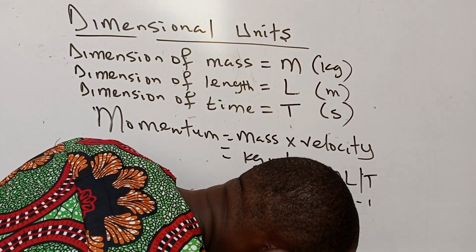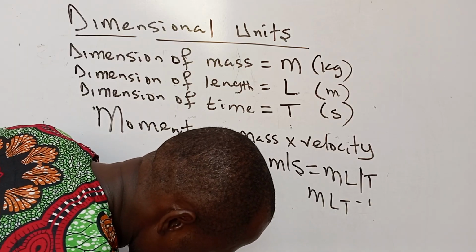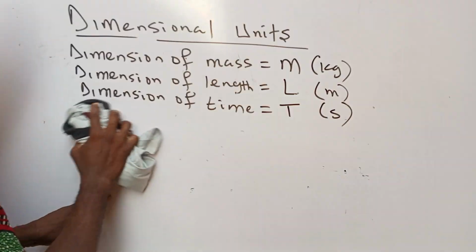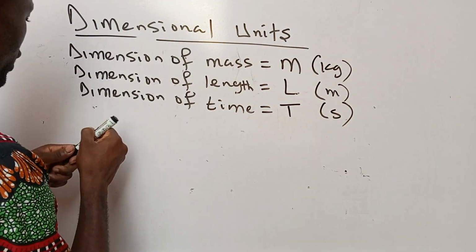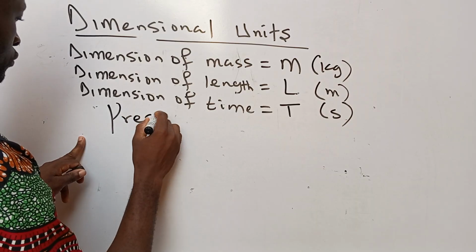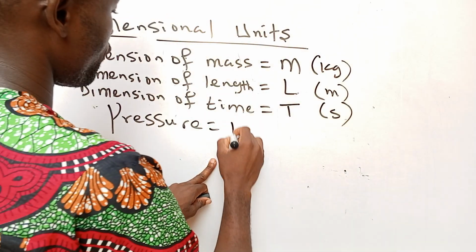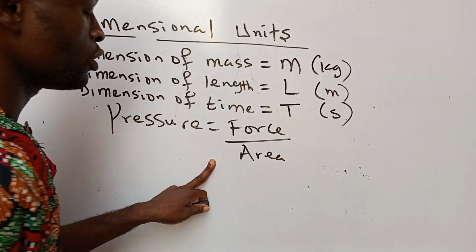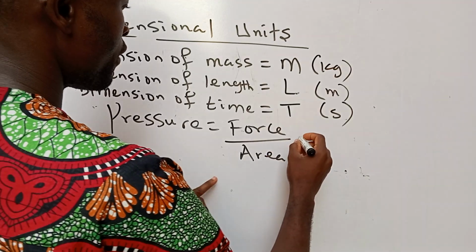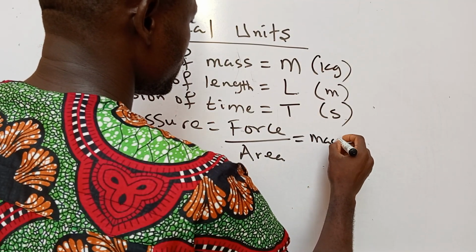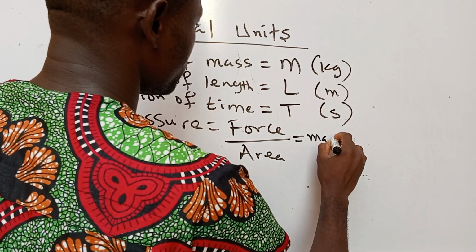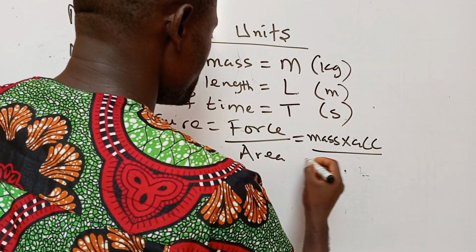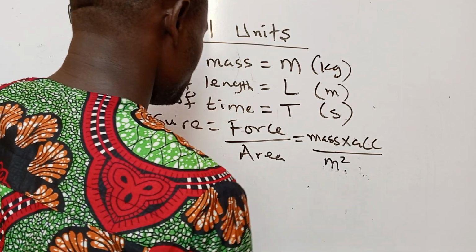Next, let us look at the dimension of pressure. What is the dimension for pressure? Pressure is force per unit area, equals force divided by area. Force can further be written as mass times acceleration, then divided by area, which is measured in meter square.